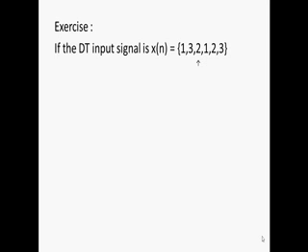So with this concept, let us do a problem here. So the input signal x of n is 1, 3, 2, 1, minus 2, 3. So here the time range starts from minus 2 to plus 3. So minus 2, minus 1, 0, 1, 2, 3. So total is 6 values here. First, plot x of n in a graphical representation.